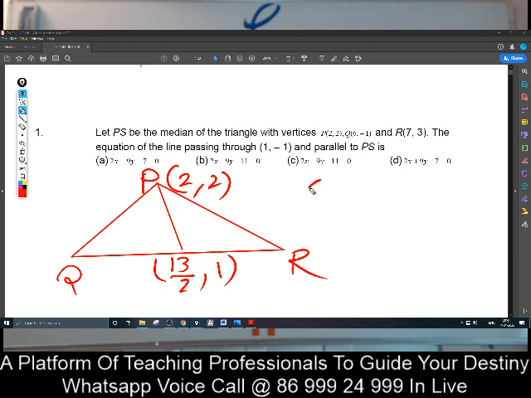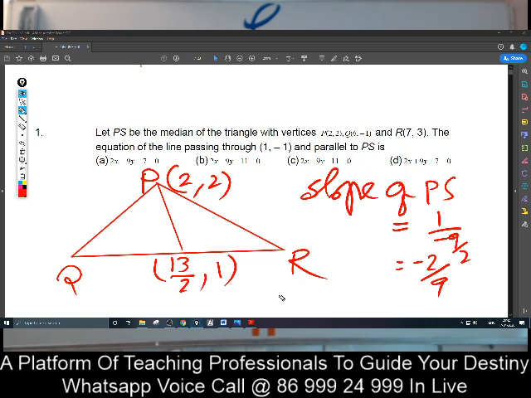So the slope of PS is equal to, I am writing directly, 1 minus 2 divided by 2 minus 13 by 2, that is, 2 minus 13 by 2, minus 9 by 2. So it is minus 2 by 9.